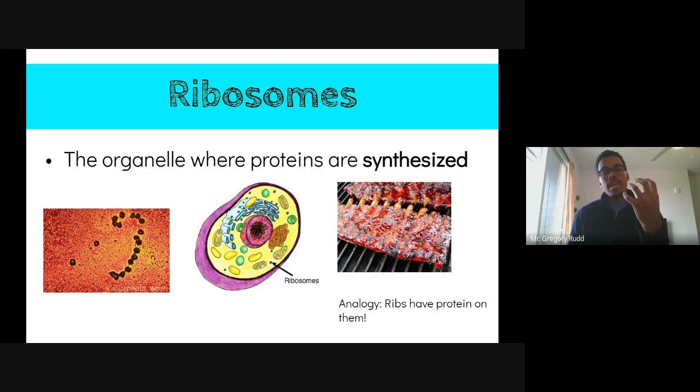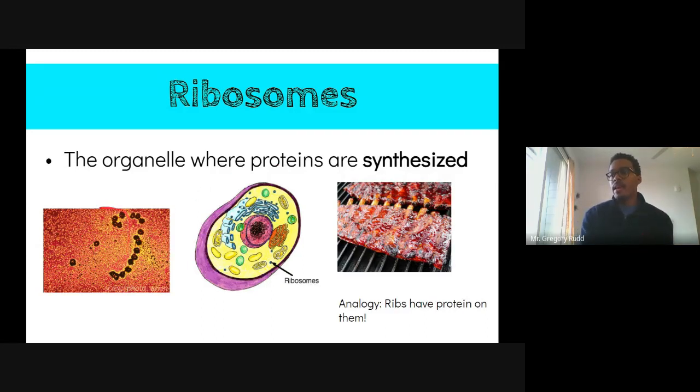So the nucleus has DNA, which has the instructions. The ribosomes are like the carpenters, the chef that actually makes the meal. They synthesize proteins. Ribosomes are really, really small, and every living cell has plenty of ribosomes.